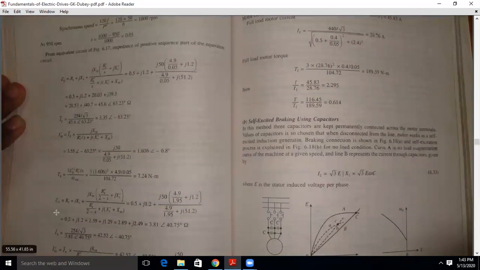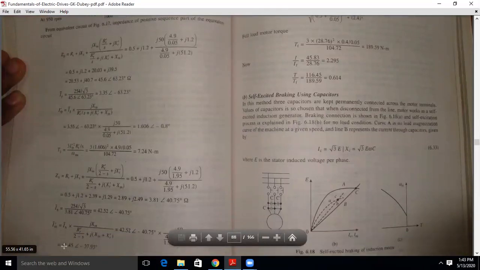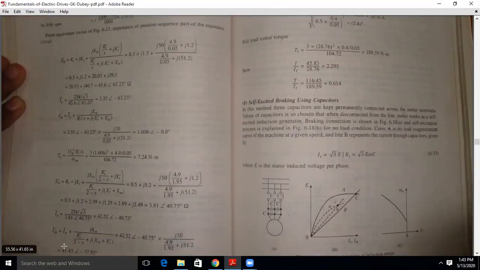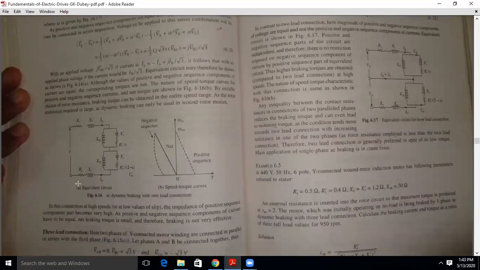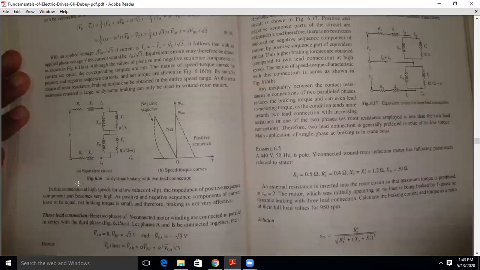In the similar way, we need to have Zn, In, and again I dash n and the Tn. So here, in order to have that positive and negative sequence, first we need to have the SM. SM, what is it? Maximum slip.